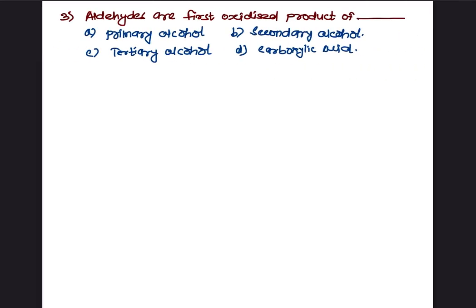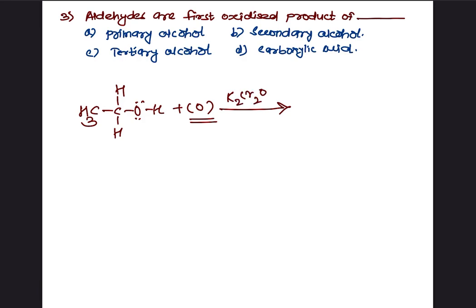Next, aldehydes are the first oxidized product of, it is very simple. I will take ethyl alcohol as a primary alcohol. Oxidation of this: what is the source of the nascent oxygen? Acidified solution of what? Potassium dichromate.